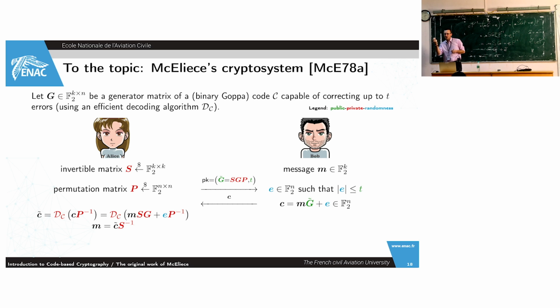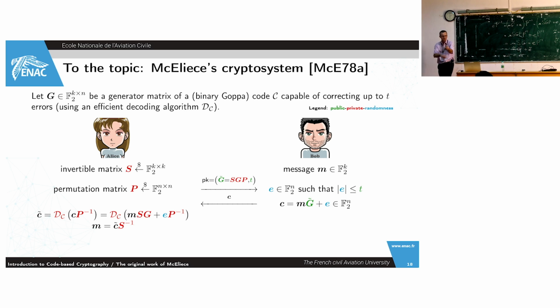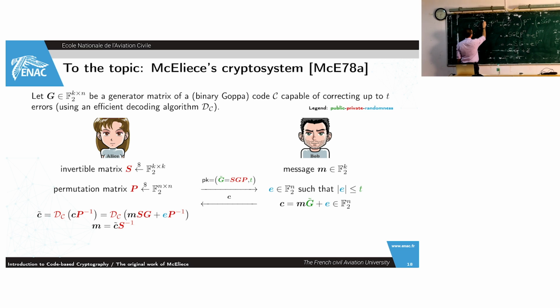So if E has weight T, any permutation of E will also have weight T. So basically, what makes McEliece work is that E tilde has weight less than or equal to T. So I can apply this decoding algorithm, which I denoted D sub C, to this.